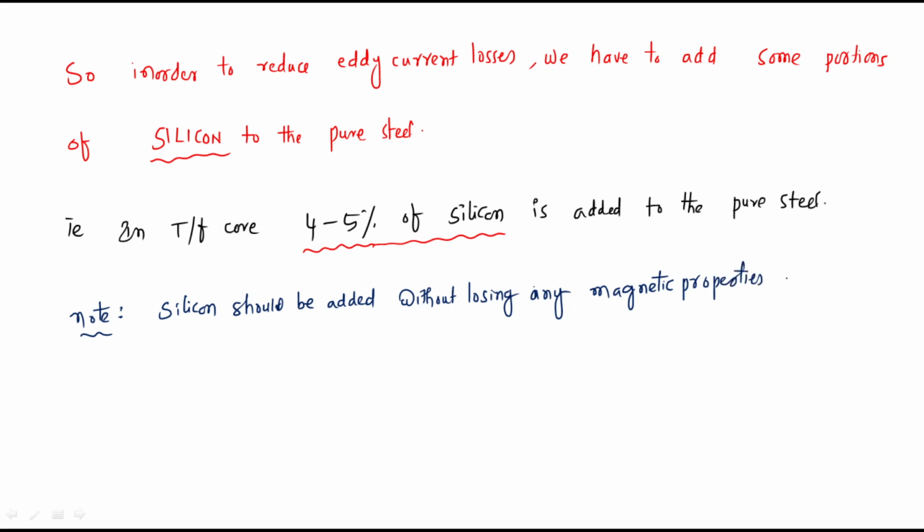Without losing any magnetic properties of the core, we have to add some proportion to the pure steel, but there are no chances to lose our magnetic properties of the core. This is a very, very important point. So without affecting the magnetic properties of the core, we have to add some proportions of silicon to the pure steel to reduce the conductivity.